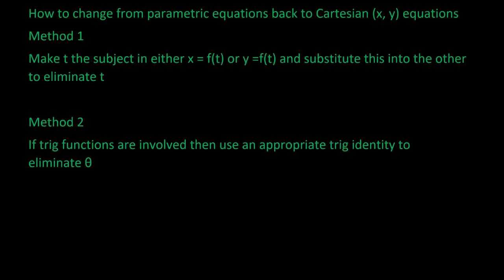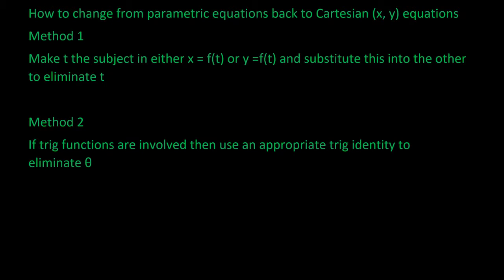It's also quite common for them to ask you to change the parametric equations back into Cartesian equations. Cartesian equations is the name for the ones that you're most familiar with, the ones that are in just y and x.